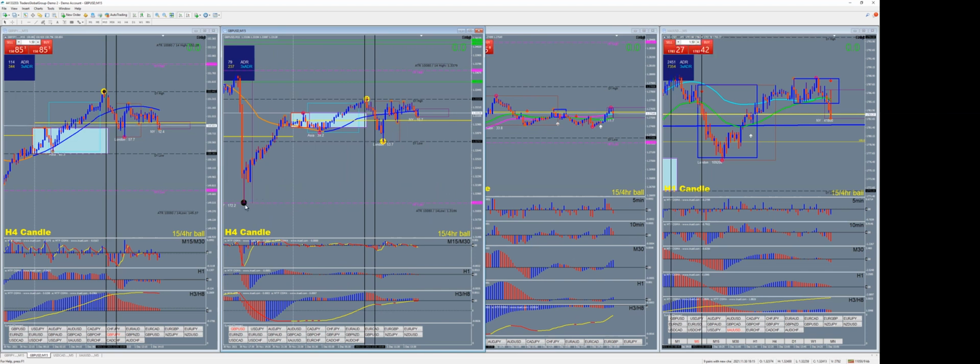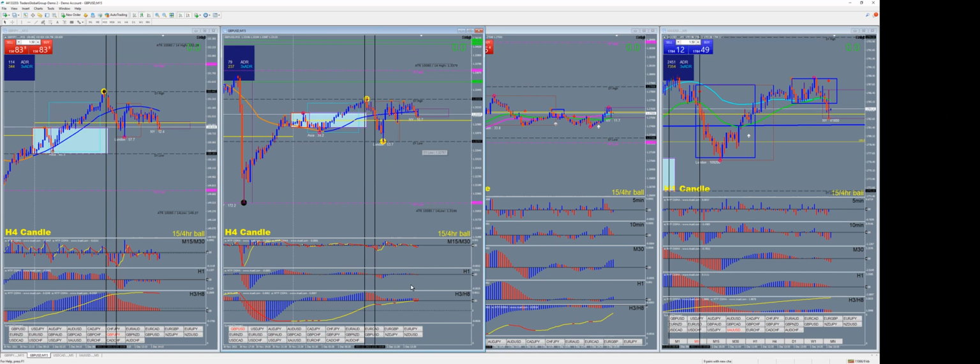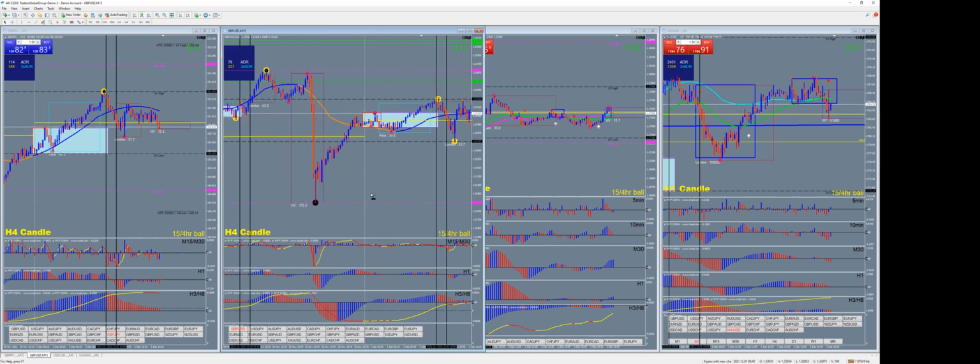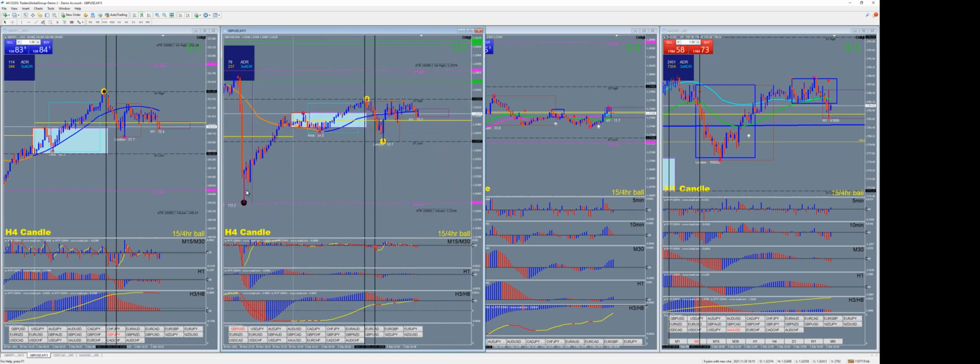Okay. So the 4-hour trend is up, so this would be against the 4-hour. But we do have H3 and H8 bearish, so it's not in sync with the trend to go up.